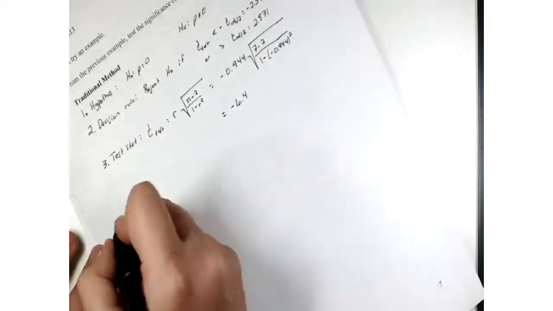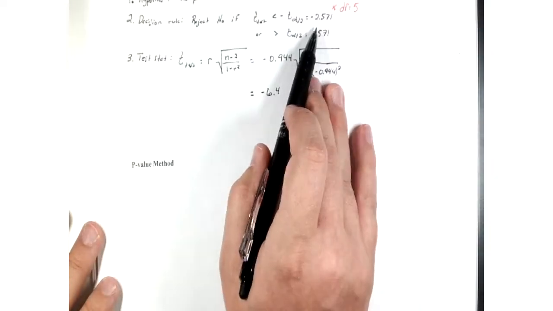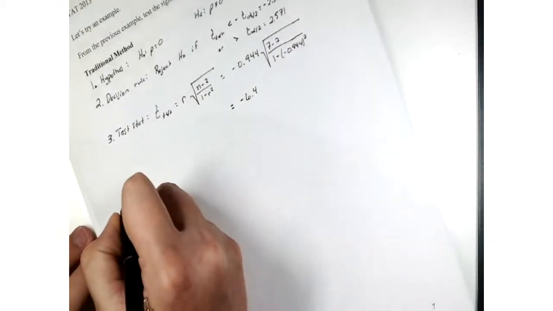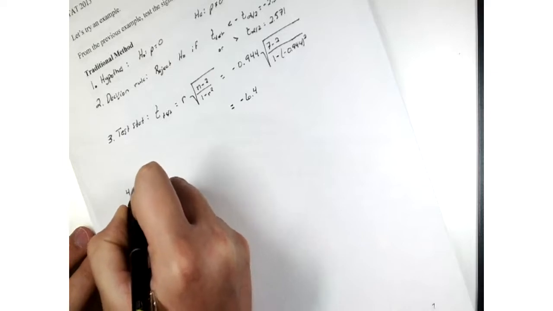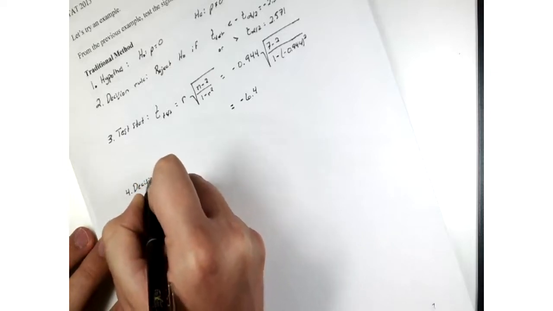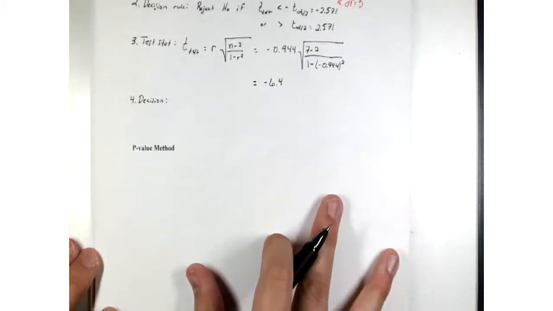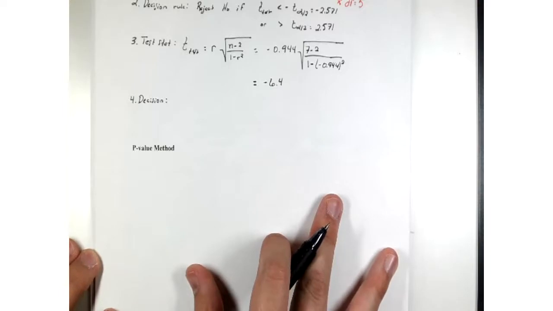Using this t-test statistic and comparing it to the critical values, I can come to a decision. Based on that, what should we do? Yeah, reject it.